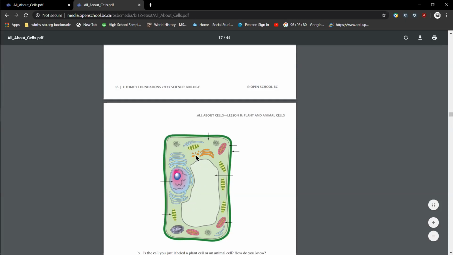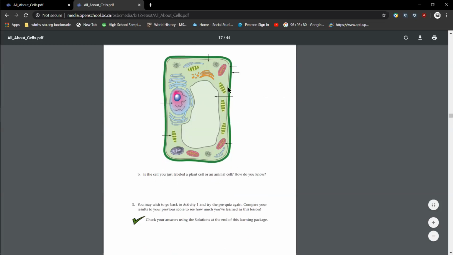Then in this area right here, this orange thing, this is the Golgi Apparatus. That's kind of hard to tell, but the Golgi Apparatus is very similar looking to the endoplasmic reticulum. It's just a bunch of lines curving in and out. But you can differentiate them because the endoplasmic reticulum is always connected to the nucleus.